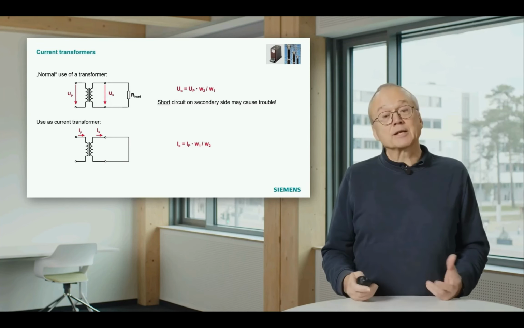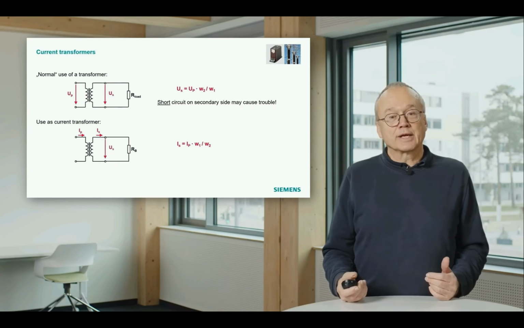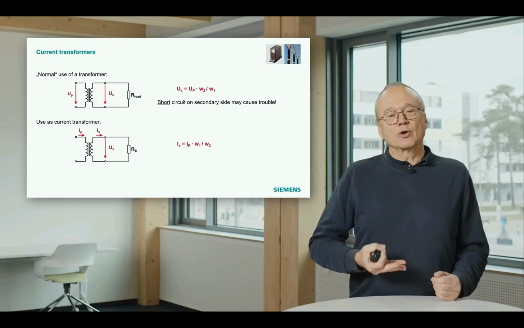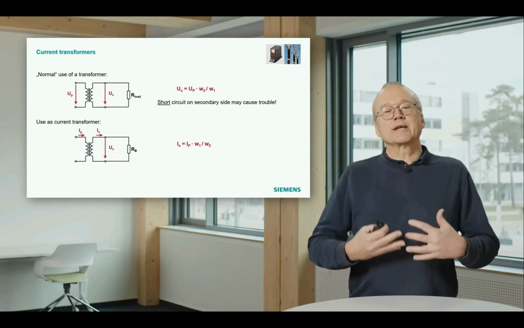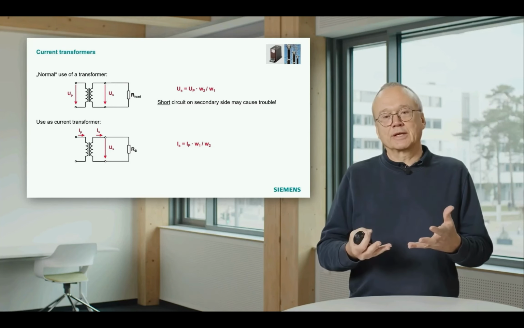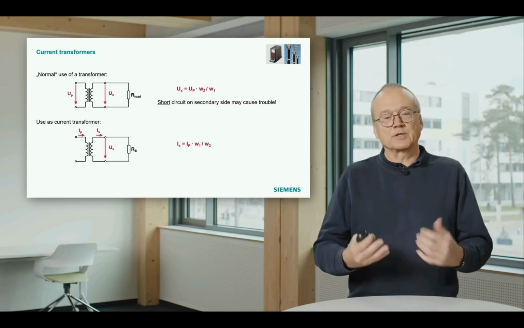And also there it's possible, instead of using a short circuit, using a resistor there. For a current transformer, we call this resistor normally a burden. And there the load increases if you increase the resistor. For the voltage transformer, the load would increase if you decrease the resistor. For a current transformer, it's opposite.